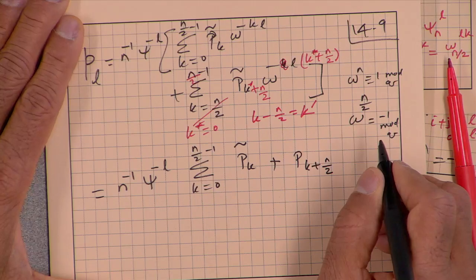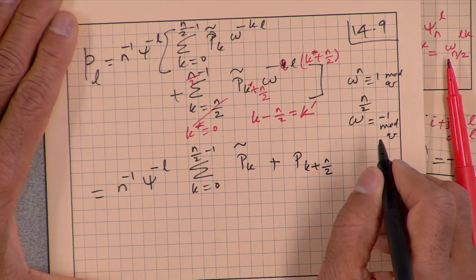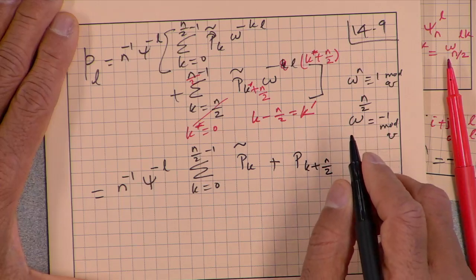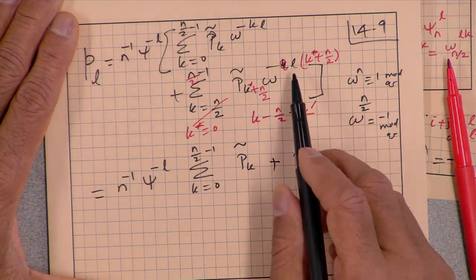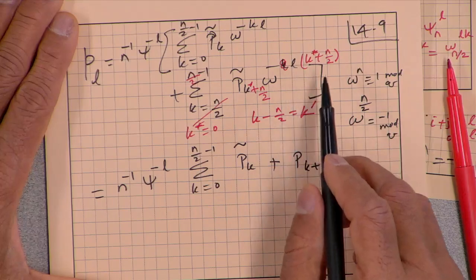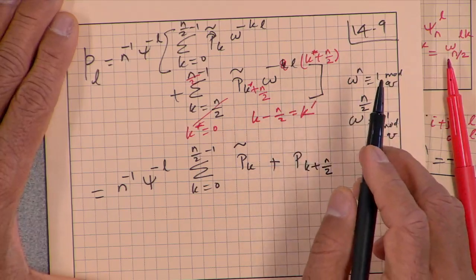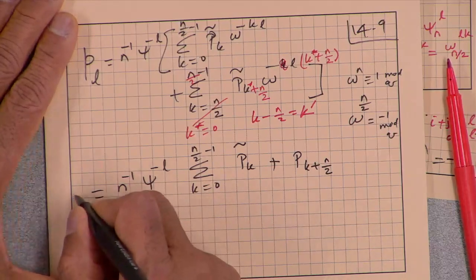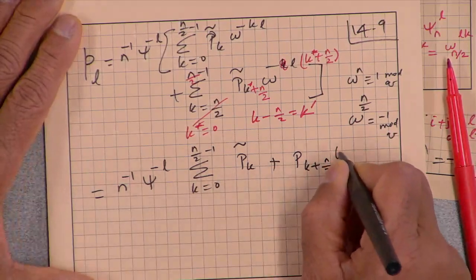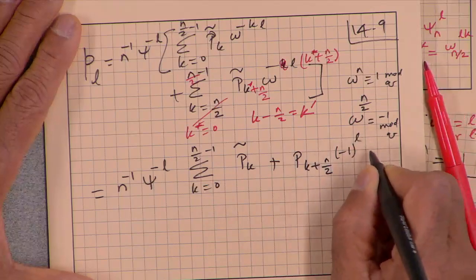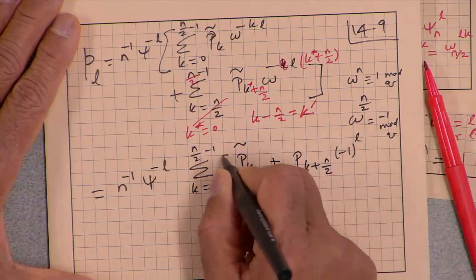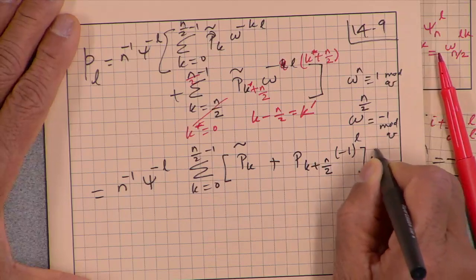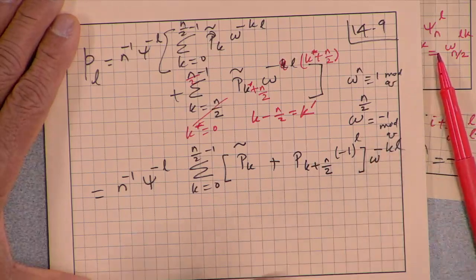Okay, so what you see here is minus 1 to the power L, let's put this whole thing in a bracket, times omega to the power minus kL.